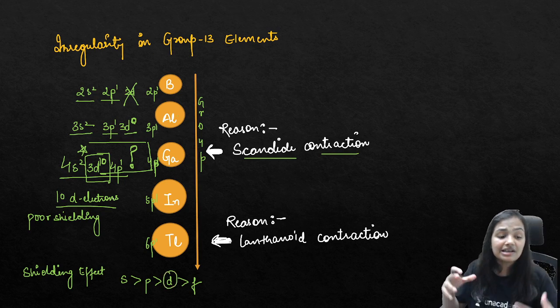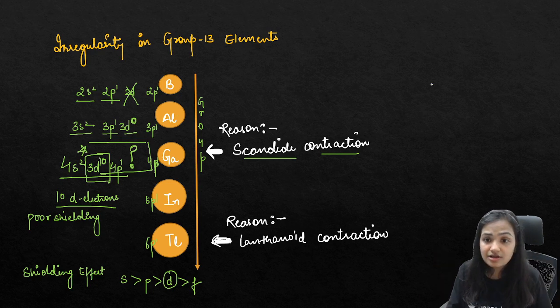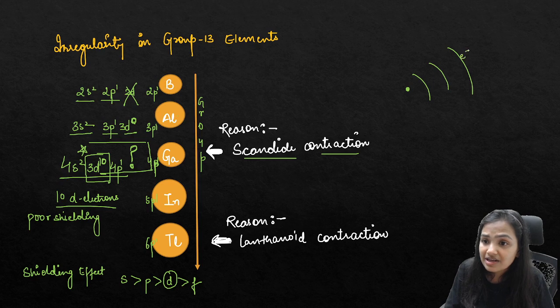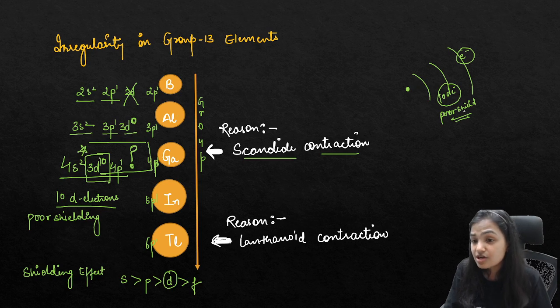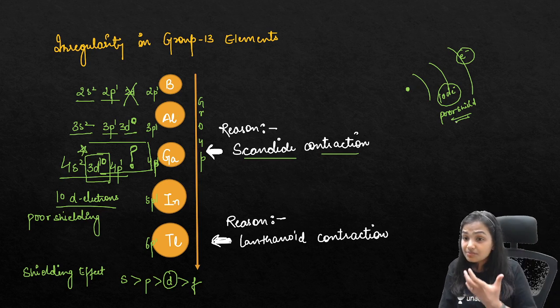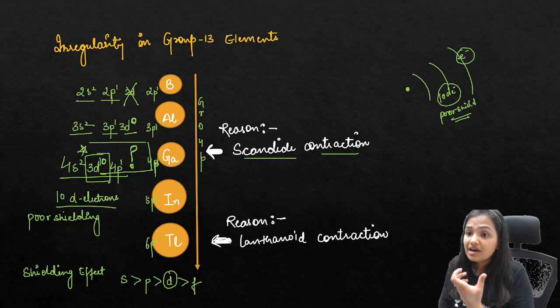If I have a nucleus and these are my shells and this is my last electron, and here I have the 10 d electrons, these 10 d electrons are poorly shielding. They are poorly protecting my last electron from the effect of the nucleus. If they are poor in protecting my electron from the nucleus, then what will happen?